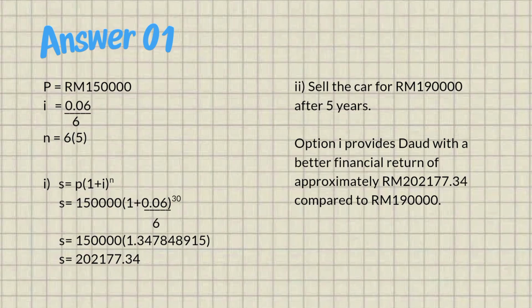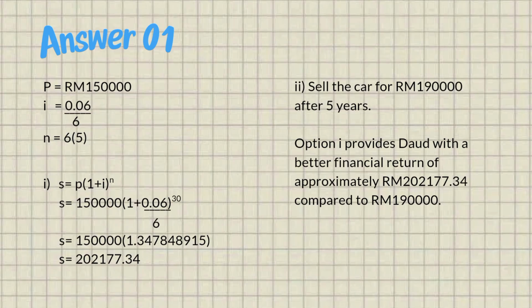So the amount of P is RM150,000. i equal to 0.06 over 6. n equal to 6 times 5. So let's calculate this amount. S equal to 150,000 (1 plus 0.06 over 6) to the power of 30.